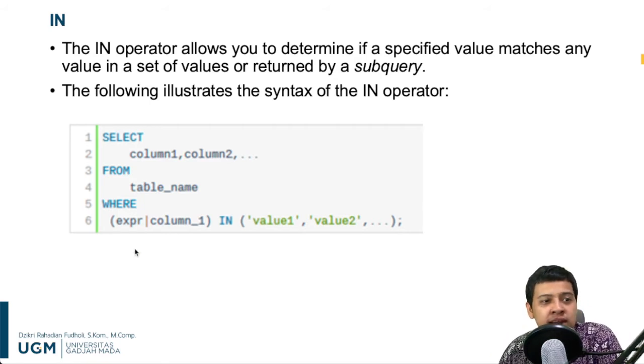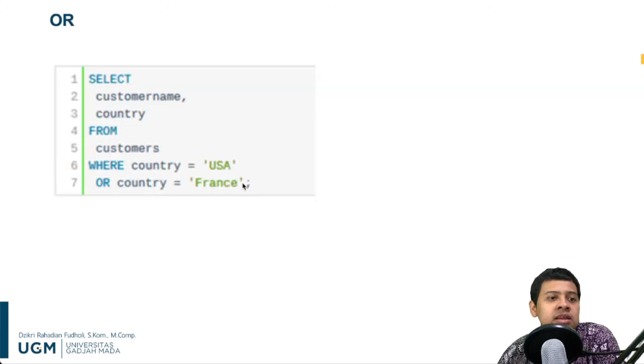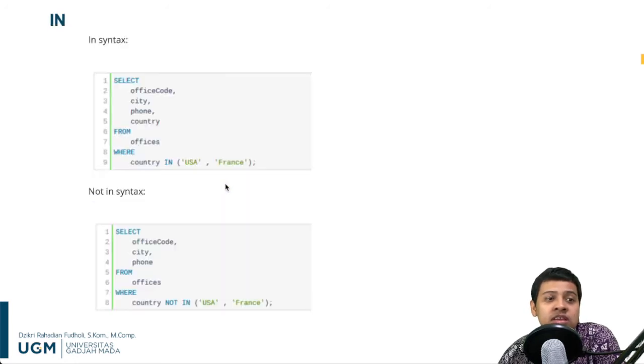and in the WHERE expression, we want to compare this value, in this case column 1. The value of column 1 should be in one of these. So for example, if we want to say USA and France, we put it like this.